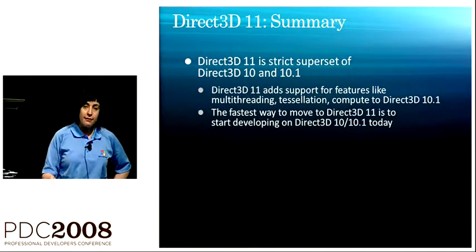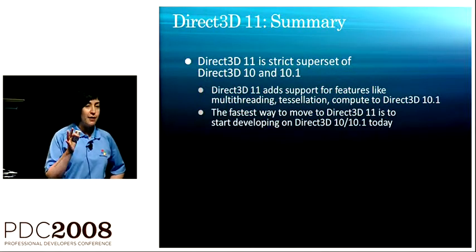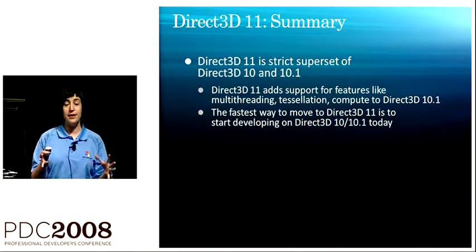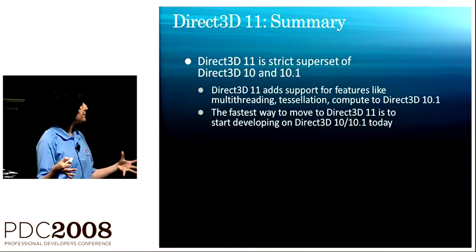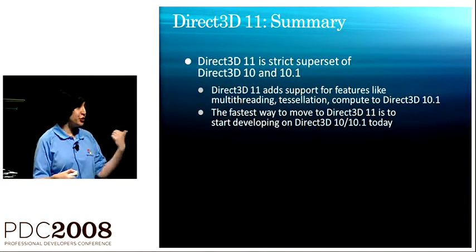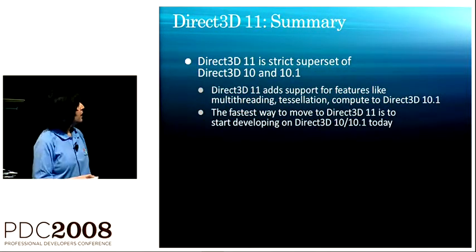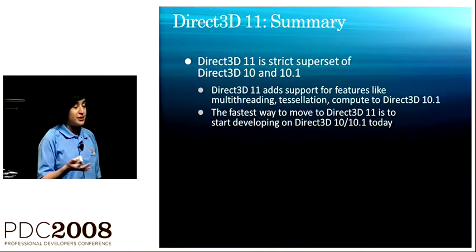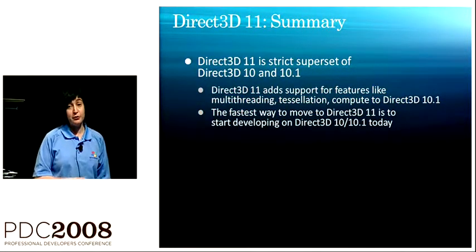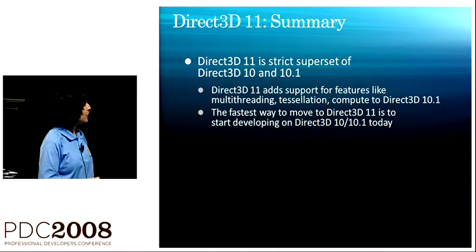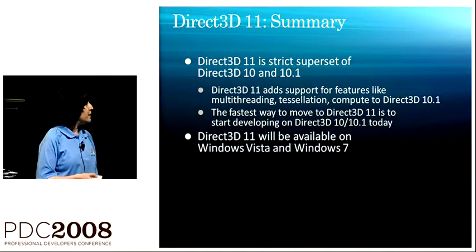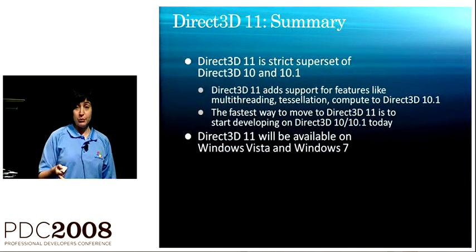So for Direct3D 11, the summary here is that, again, I want everybody to understand it's just a superset of 10 and 10.1. It adds support for features like multi-threading, like tessellation, like the compute shader. The fastest way to move to 11 is actually to start becoming familiar with 10 and 10.1 if you're not already. This will be available on Windows Vista and Windows 7.